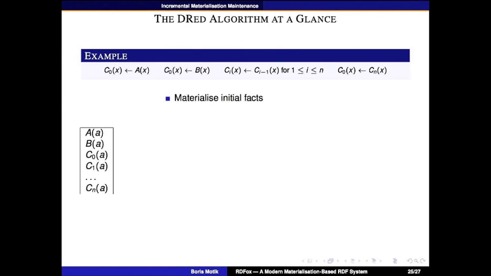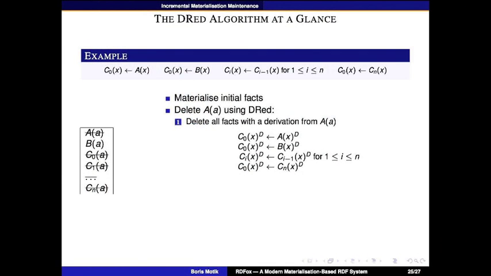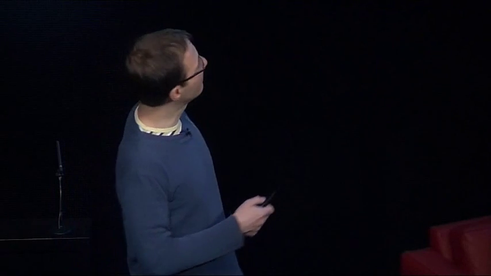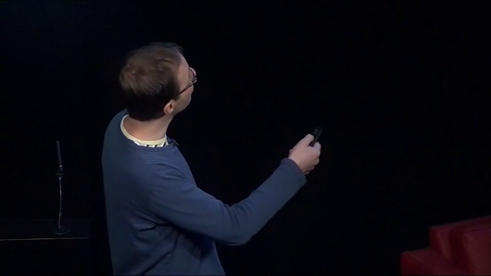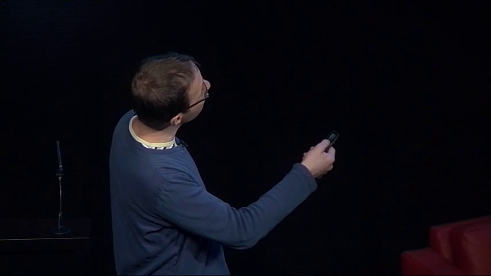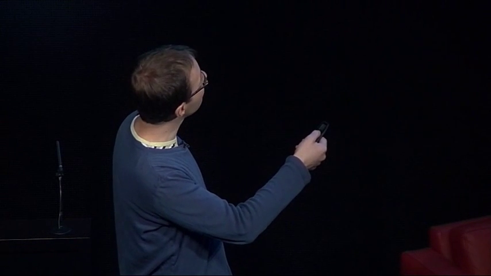Now let's assume that I want to delete A(a). What the DRED algorithm is going to do is first delete all facts which have a derivation from A(a). The way this is done, the algorithm modifies the rules in this way. It says, if A(x) gets deleted, then C0 gets deleted. If B(x) gets deleted, then C0 gets deleted.